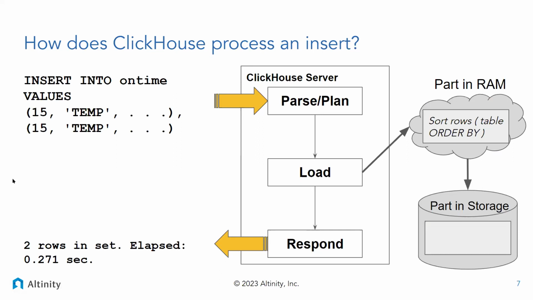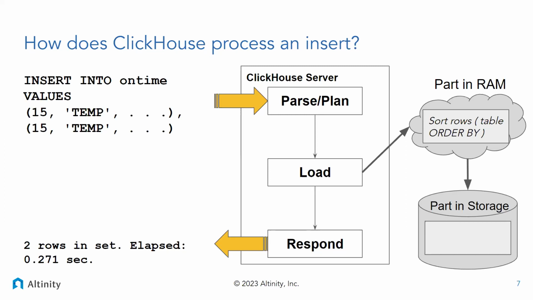So when you do an insert, and this is a very, very simple example of inserting into some random table with some made-up data, this insert is going to be parsed, and then ClickHouse does a certain amount of planning. It doesn't have a query-based optimizer, so it's not really going to do some sort of cost-based plan, but it figures out how to split the work up, and it can parallelize it.